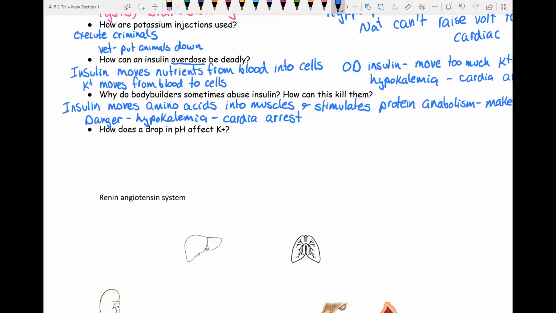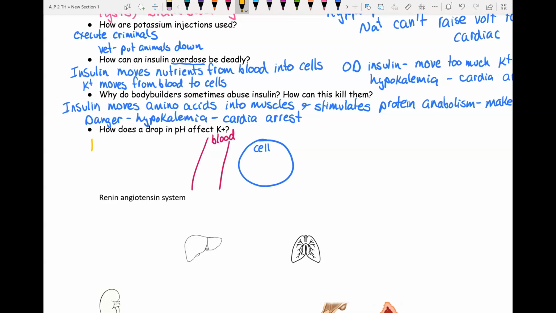Okay, pH is another important one. One of the biggest dangers of low blood pH is that it will affect your potassium and cause cardiac arrest. So let's look at how that happens. So you have your cell and you have your blood. If you have low pH, that means there's extra hydrogen.